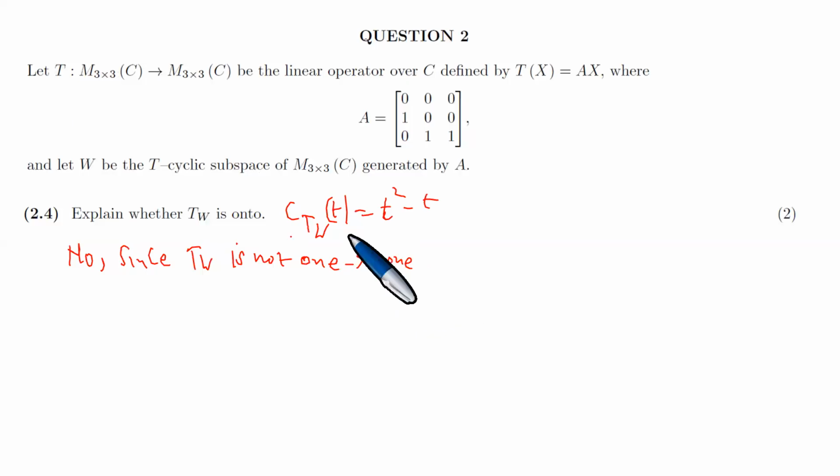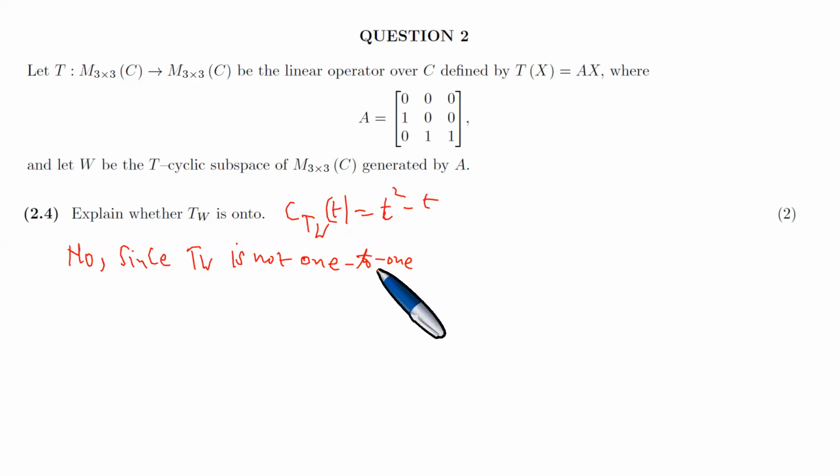This is a wonderful relationship between a one to one operator and an onto operator. We're saying no since TW is not one to one.